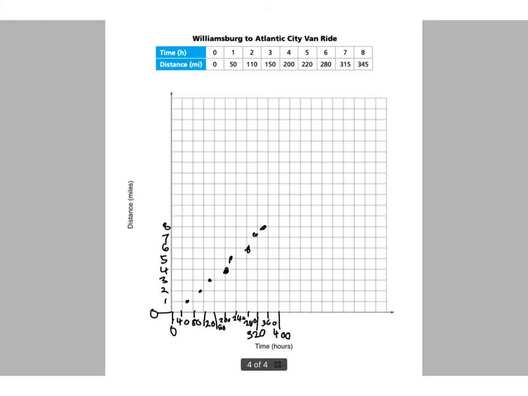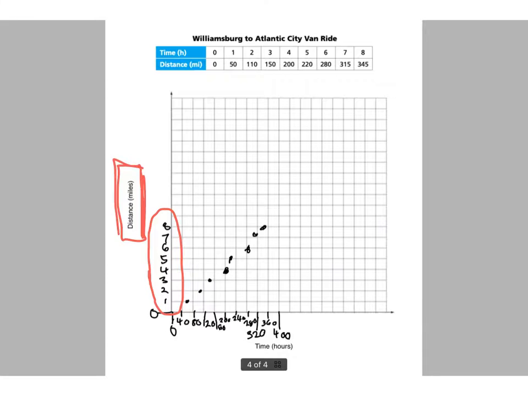All right, another common mistake is after doing a really nice job of scaling the graph. So they scaled it by counting by 40s, and then they scaled the other side with 1. But notice these numbers here, are these distance numbers? No, they're time numbers. So they put the correct label here.